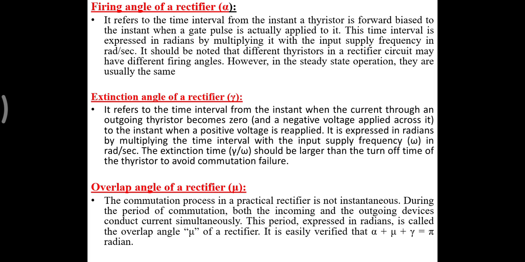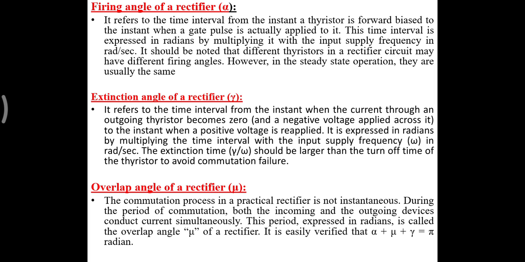Next, overlapping angle. The commutation process in a practical rectifier is not instantaneous. During the period of commutation, both incoming and outgoing devices conduct current simultaneously. The period expressed in radians is called the overlapping angle of the rectifier. Overlapping angle means the SCR is conducting on the input waveform and at the same time it gets the output.